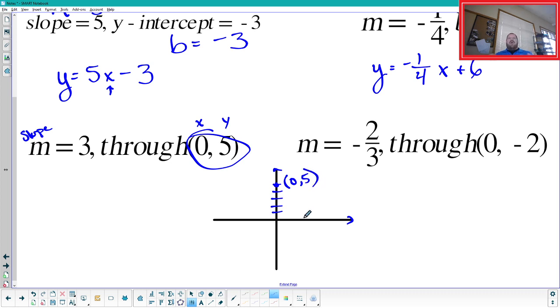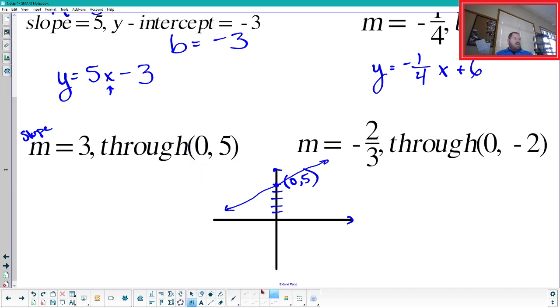And if a line goes through that point, any line whatsoever, you've actually got to go through the point to say you're going through the point. If a line goes through that point, that point is the y-intercept. And it all comes down to the fact that the x-coordinate is 0.